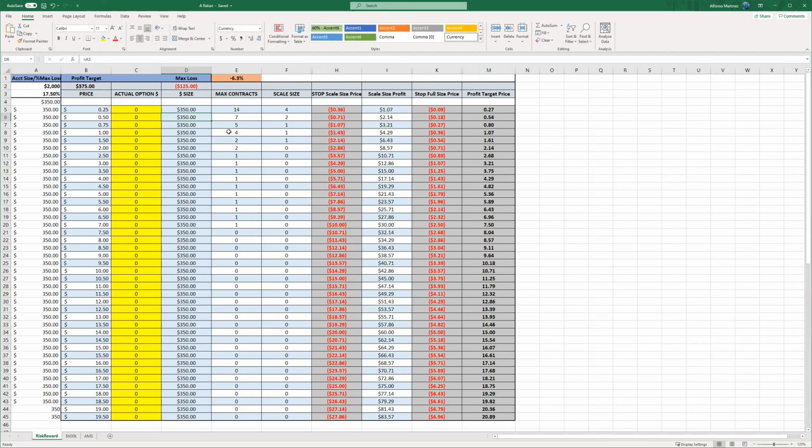What it tells you here is, if I have $350 of size and the contracts are 25 cents, and let's say it's not 25, Alfonso, it's 24 cents. Here it tells me that the maximum contracts I can buy with 350 are 14 contracts.